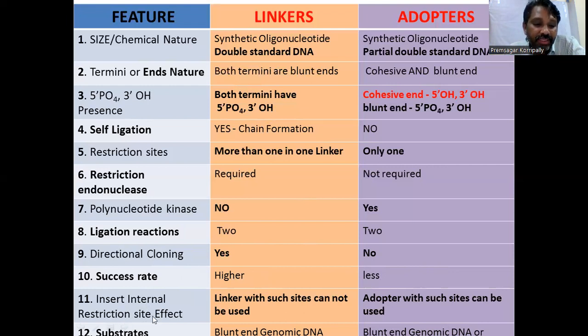Insert internal restriction site effect. For example, the blunted DNA has some restriction sites. So a linker containing such a restriction site cannot be used to attach the DNA fragment. If the linker and the DNA fragment have the same restriction site, then when you go for restriction digestion, it will cut the linker as well as the DNA fragment.